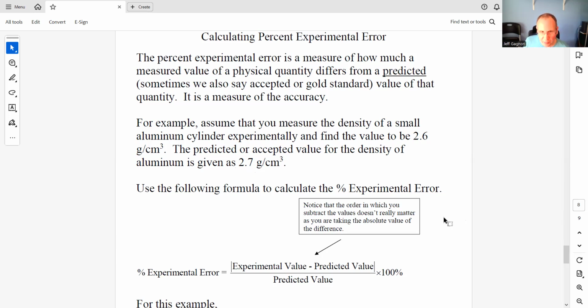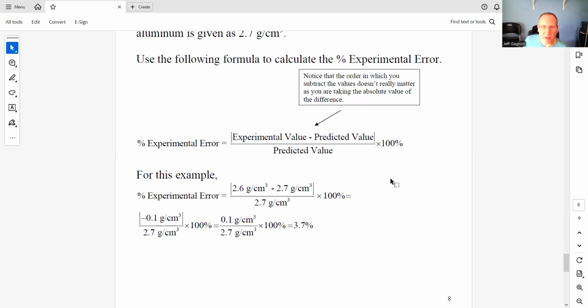Calculation is really straightforward. All you have to do is you take the difference between your value and the predicted value. Again, I say predicted here, but remember this also means accepted or gold standard value. Sometimes we even use the word theoretical value, right? I kind of use all those words interchangeably.